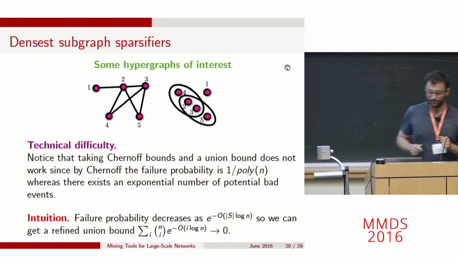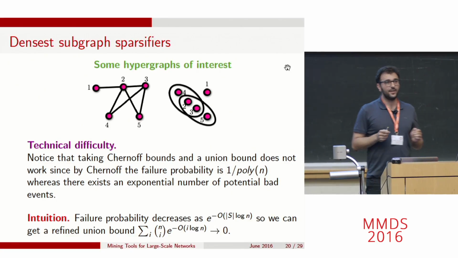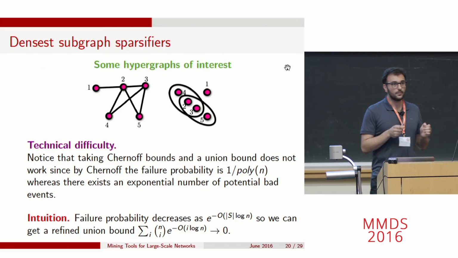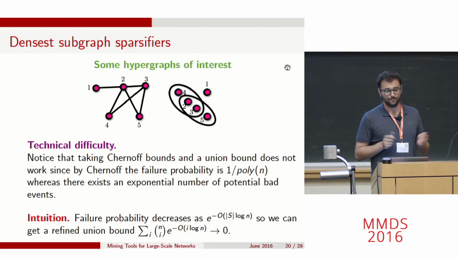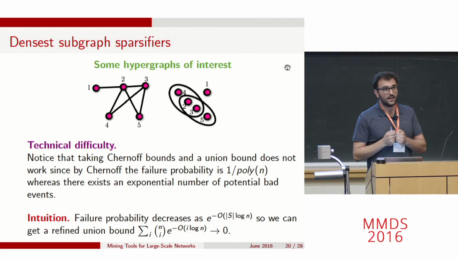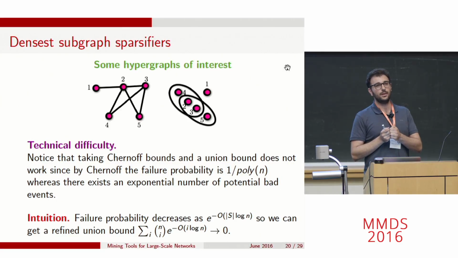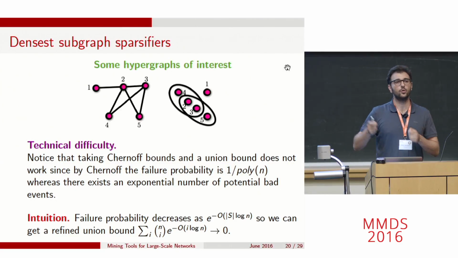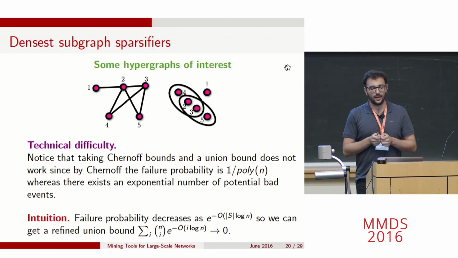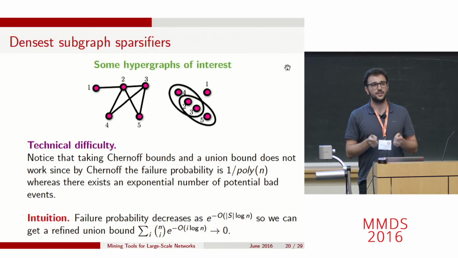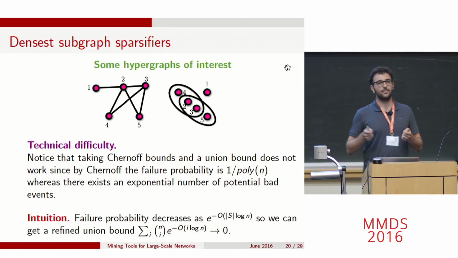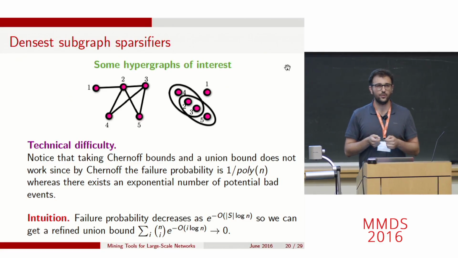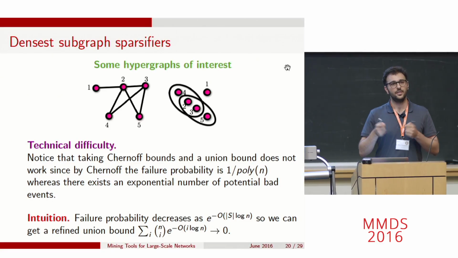The technical difficulty behind this theorem, the densest subgraph sparsifier theorem, is the fact that Chernoff gives you a failure probability of 1 over a polynomial, n to some constant d. But the number of bad events that you have to consider is exponential. So you have to do something more refined, and it turns out that if you take a refined union bound, things work out.